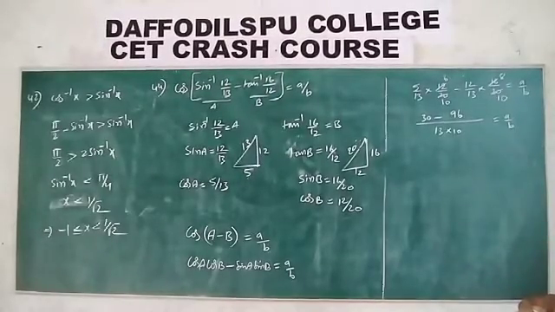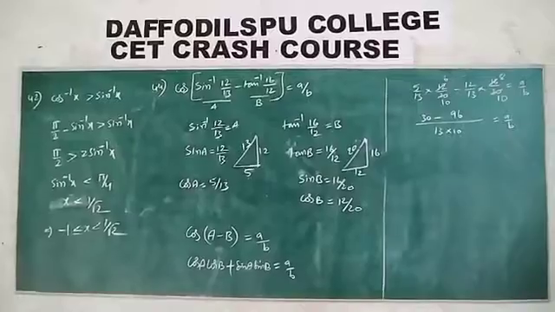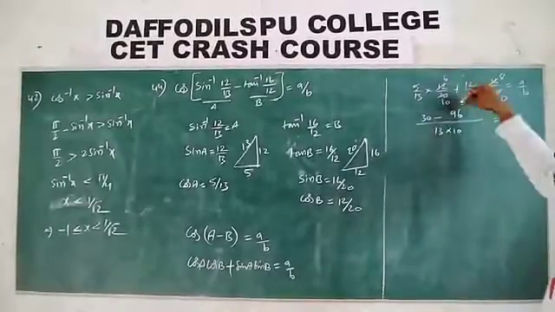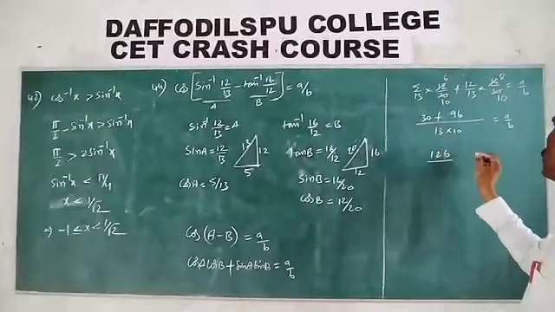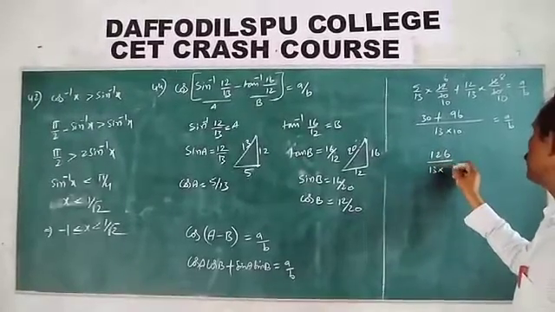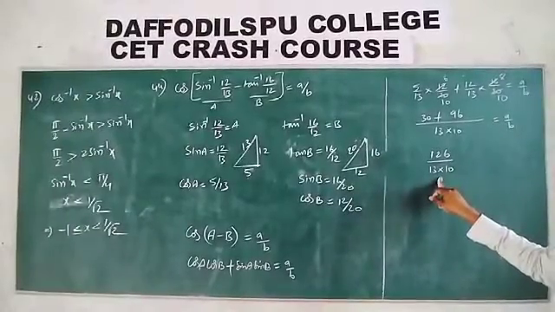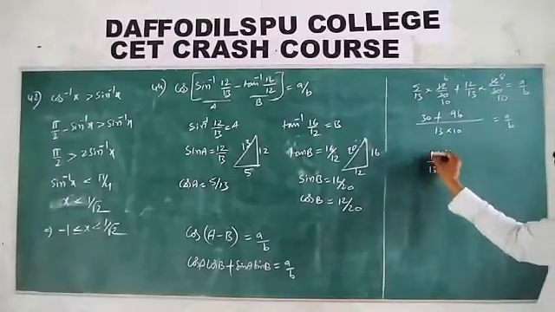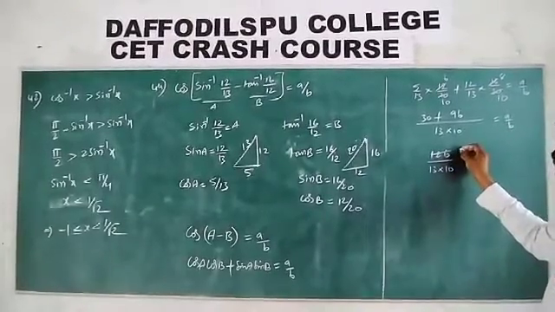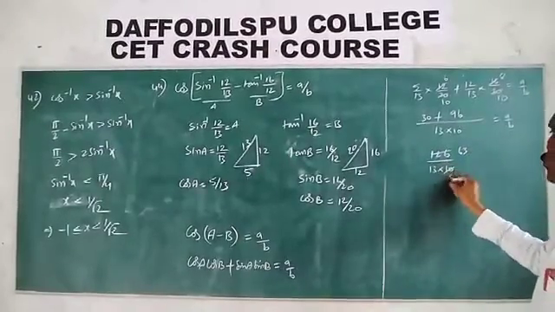Sorry, the formula was wrong. The cos(A minus B) formula is cos A cos B plus sin A sin B. So 90, 126, over 13 into 10, and cancelling, 2 6s and 2 3s, 2 5s.